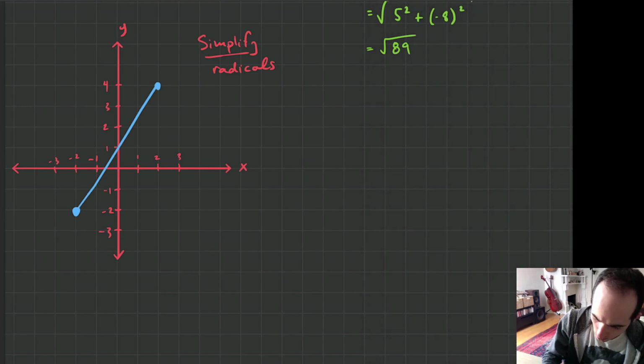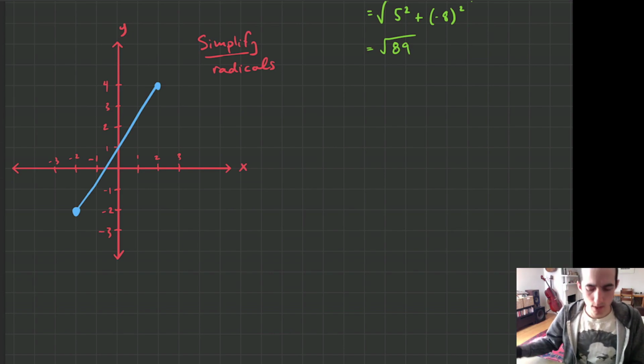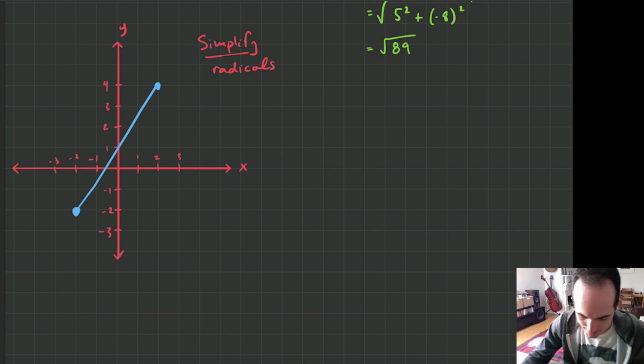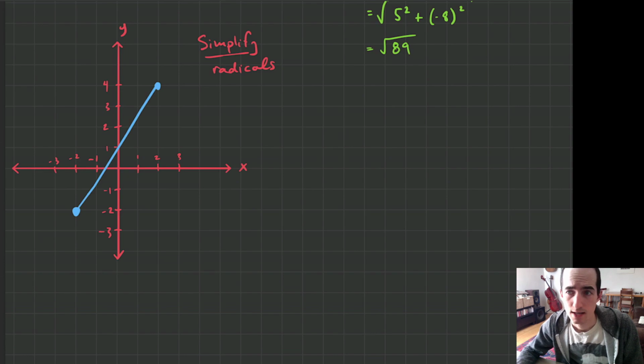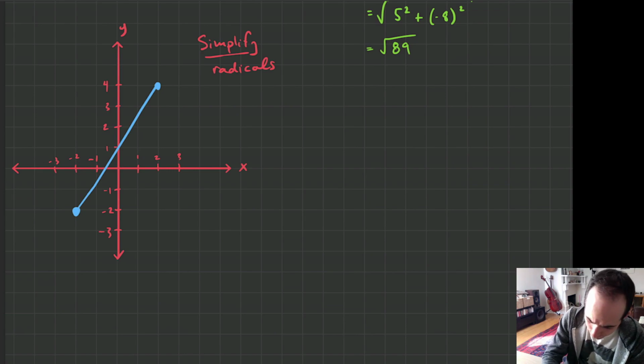I don't want to draw a right angle triangle. The reason I don't want to draw a right angle triangle is because I want us to actually get some practice using the formula. And if we're just drawing triangles, then it's pretty much the same thing that we've been doing since grade 8 when we're drawing right angle triangles and calculating the hypotenuse. So let's go ahead and use the formula.